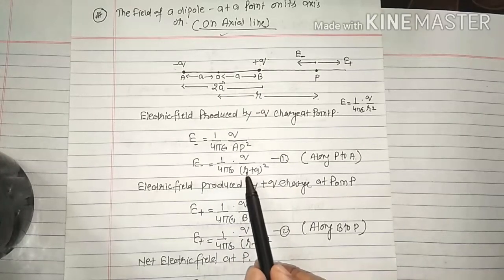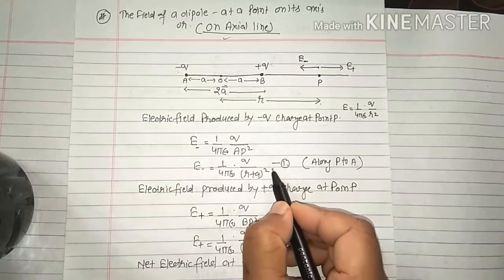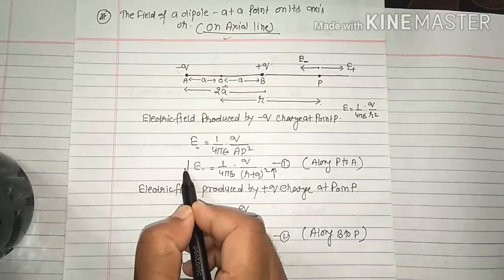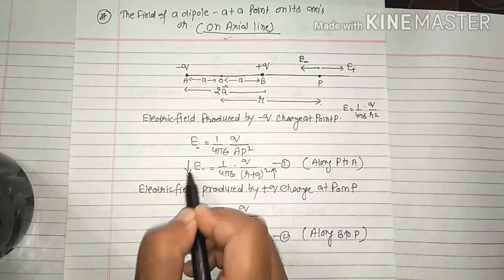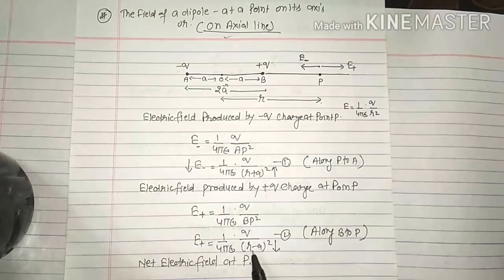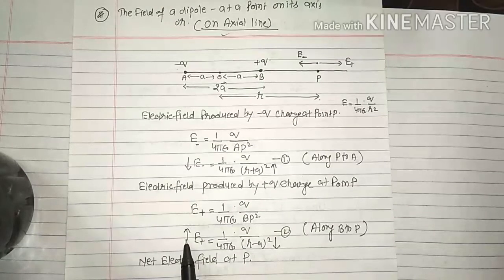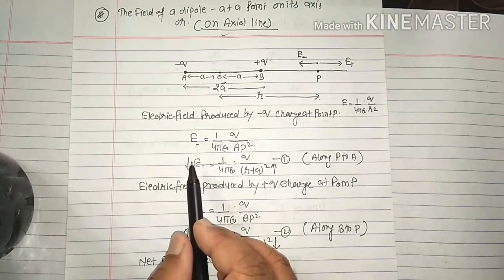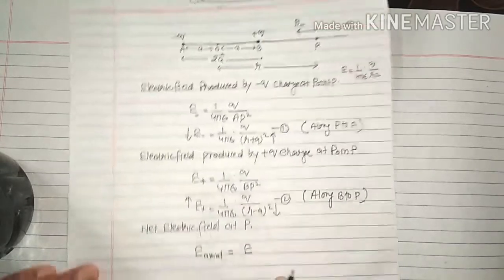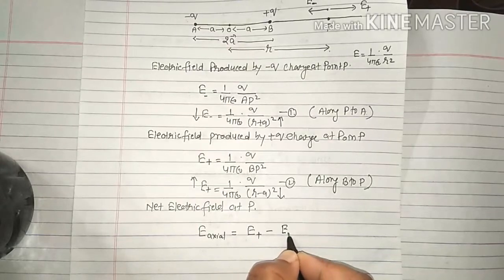E is inversely proportional to R plus A, so the sum of these two quantities will increase. Due to this increasing value, the electric field intensity E minus will be reduced, and here R minus A is less. So due to this lesser value, E plus will be greater than E minus. So the resultant electric field will be E plus minus E minus.